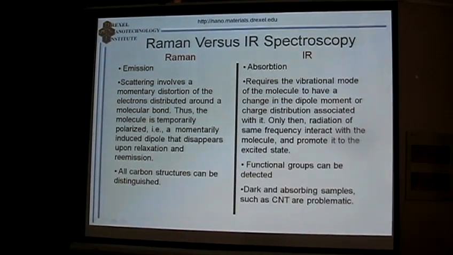However, Raman spectroscopy allows us to distinguish between all carbon structures. So everything aside, if you need to do fingerprinting, identify carbons, whether it's graphite, diamond, amorphous carbon, diamond-like carbon, graphitic carbon, nanotubes, fullerene, you name it, Raman spectroscopy is the easiest and best way to distinguish them.